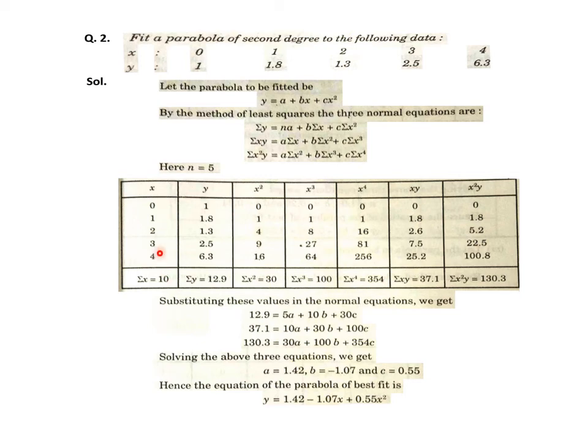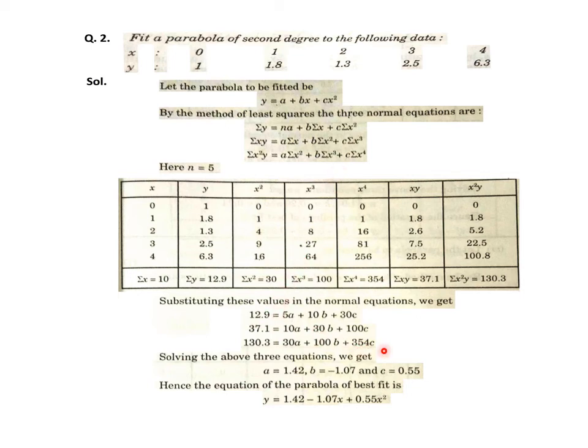By adding the respective columns, we get sigma x, sigma y, sigma x square, sigma x cube, sigma x power 4, sigma xy, sigma x square y. All these values are required except a, b, c.